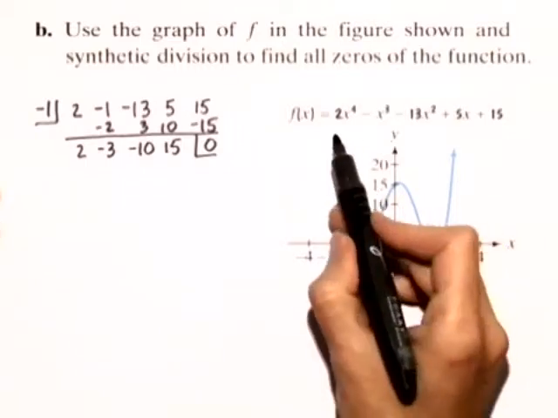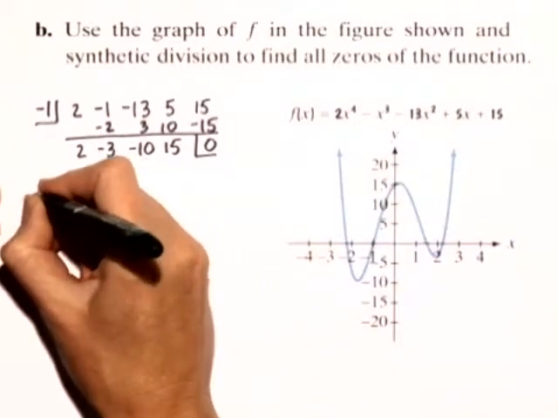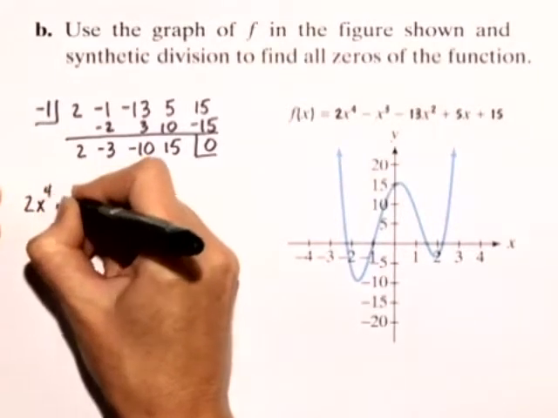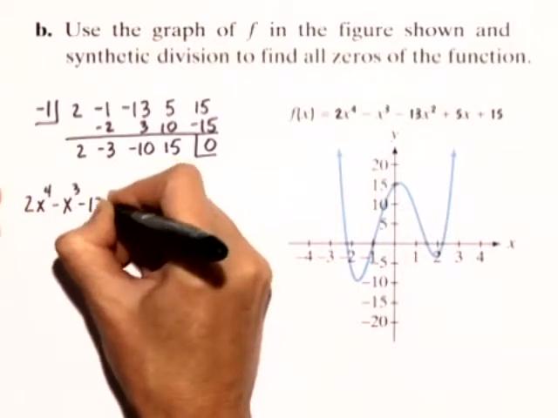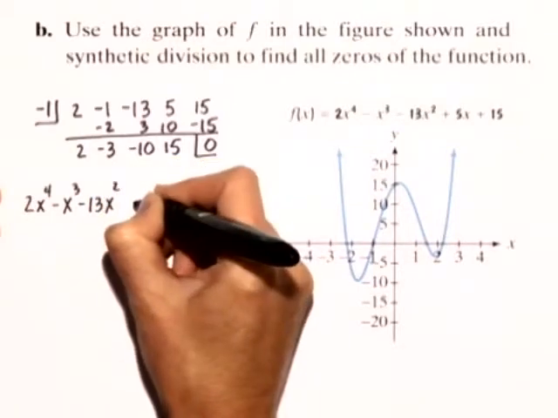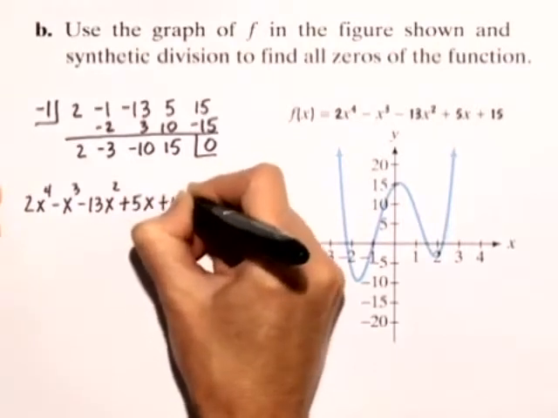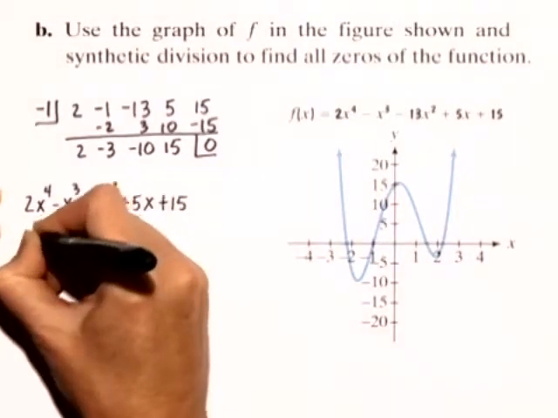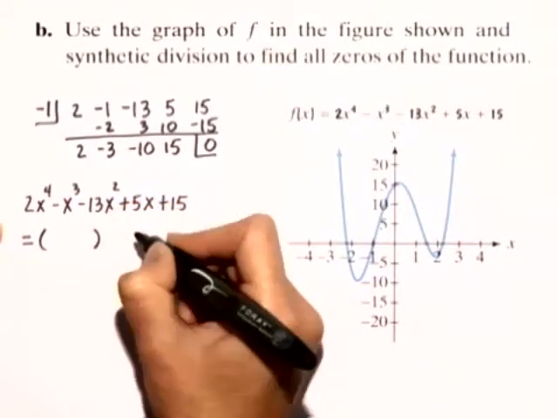Here's how we're going to do it. Let's start with our original function. We have 2x to the 4th minus x cubed minus 13x squared plus 5x plus 15. And we can say that this is equal to a combination of factors.